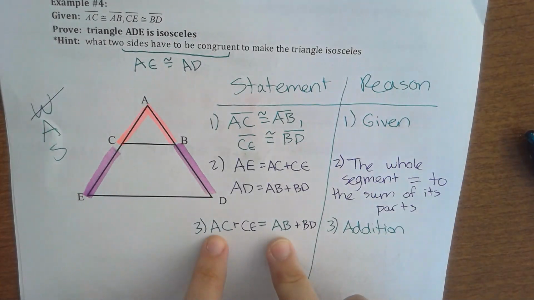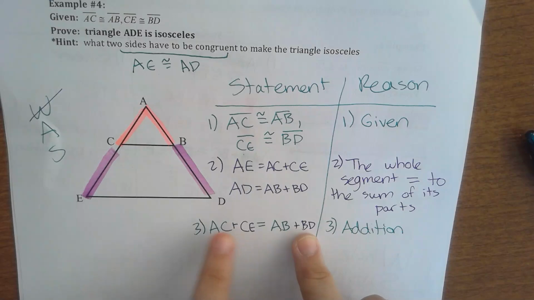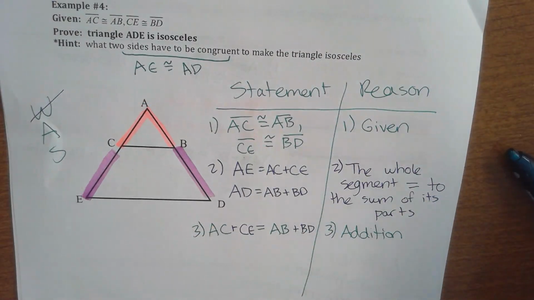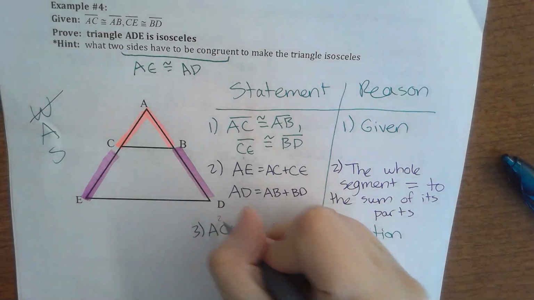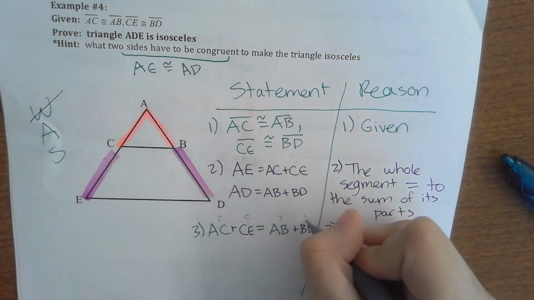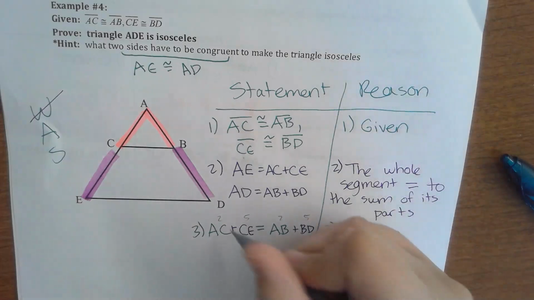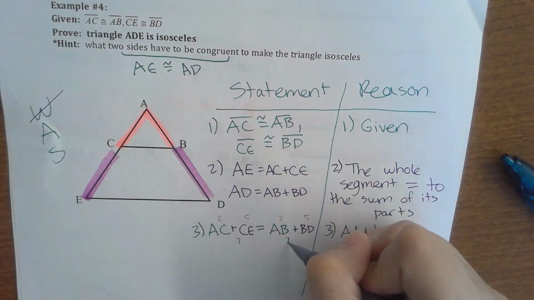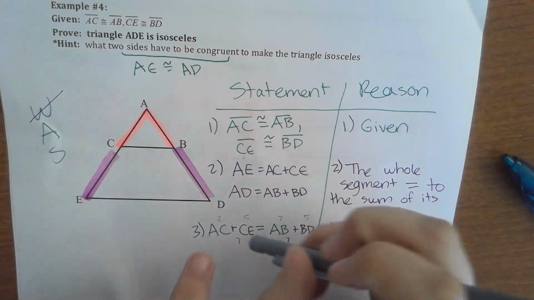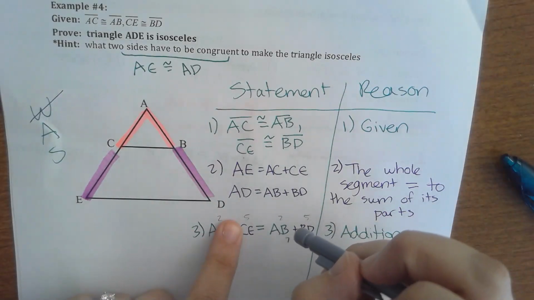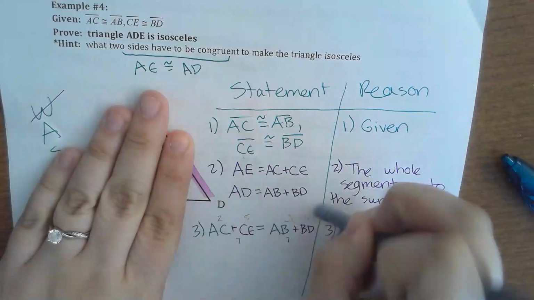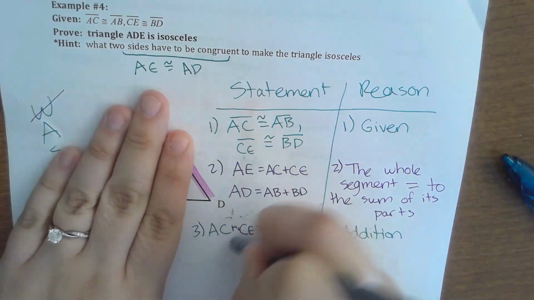If these are equal and these are equal, our totals are going to be equal. Even though there's no numbers in this problem, let's just think for a second. Just picking random numbers, if I add 2 and 5, I'm going to get the same thing as if I add 2 and 5. This total equals this total. So there's our A, W, A.